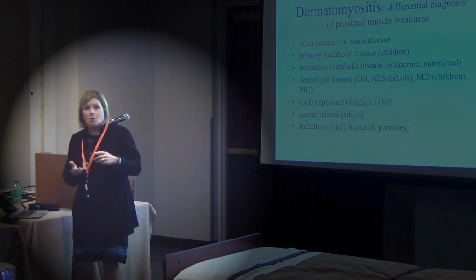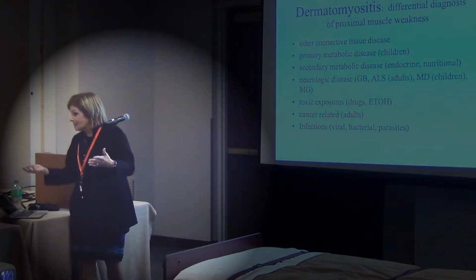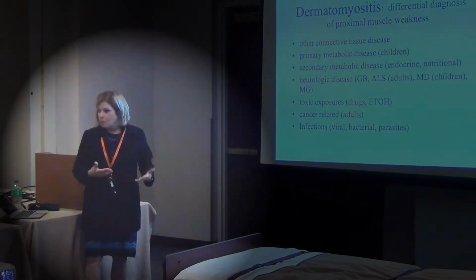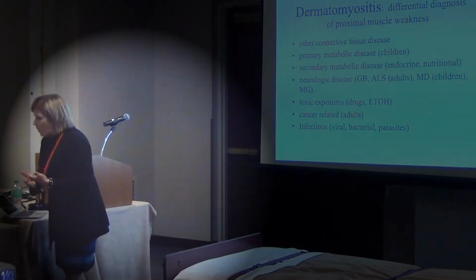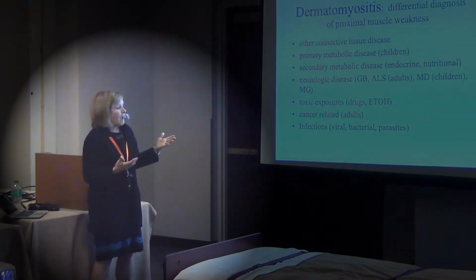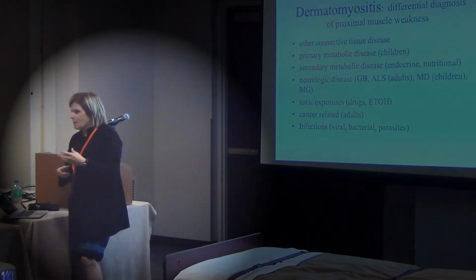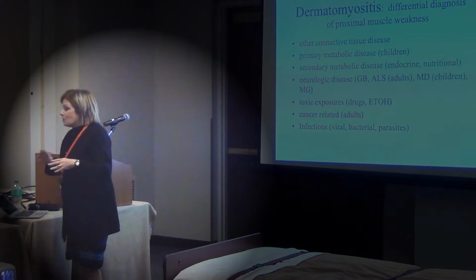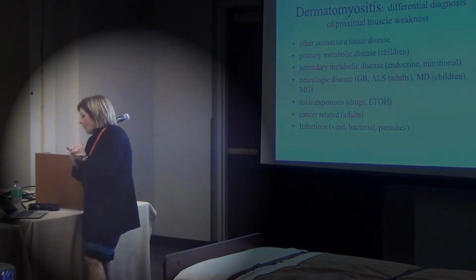Neurological conditions, so there's something called Guillain-Barré or ALS, Lou Gehrig's disease, in adults that you see. In children, muscular dystrophy, which would not be the classic phenotype, it's usually a boy that would have muscular dystrophy, or myasthenia gravis. Also, did your body get exposed to alcohol, to something that would have made the muscle break down? And that's all the stuff your physician had to kind of put together for you to kind of see what could it be from.